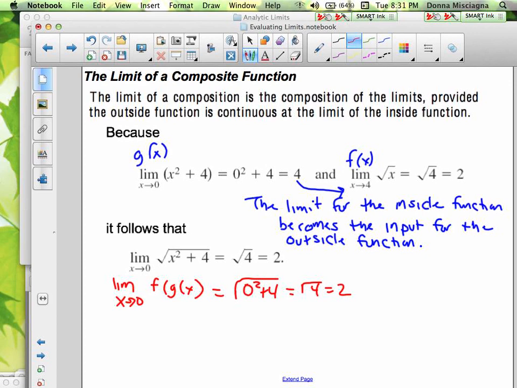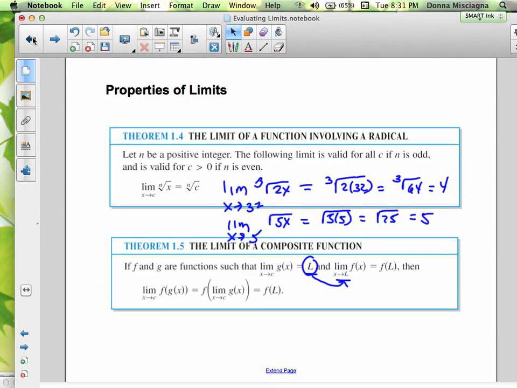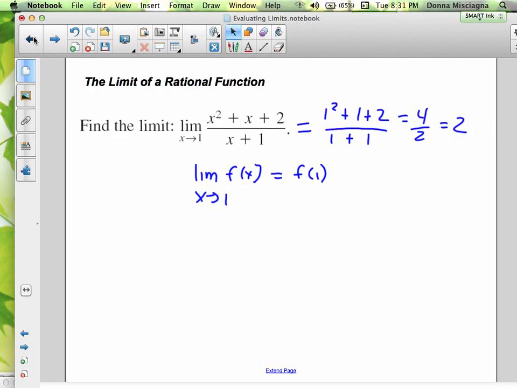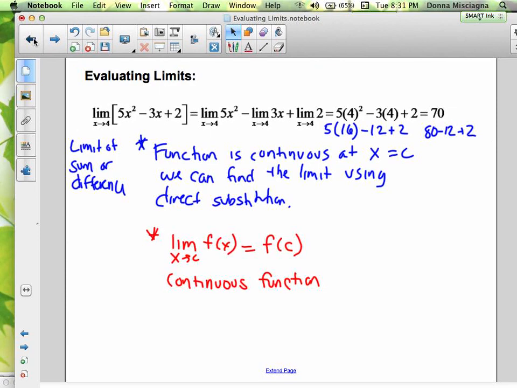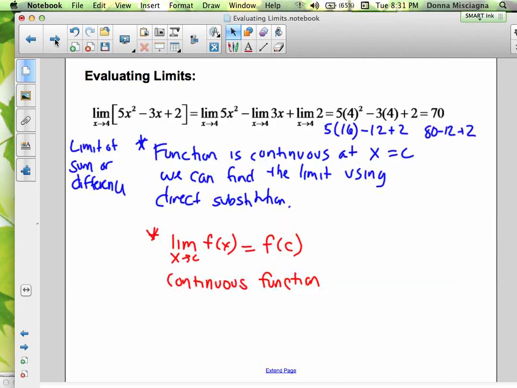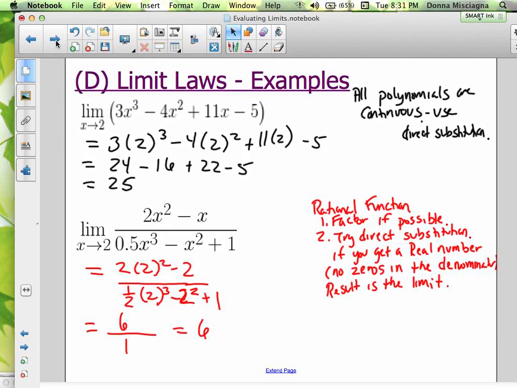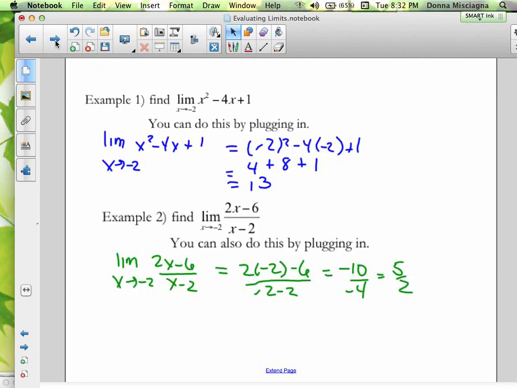That's another example where the property for composite functions is very helpful when we don't have a function. Let's take a look at a couple more. It also just gives you another way to find the limit for a composite function.